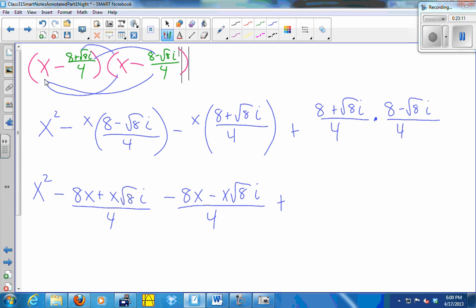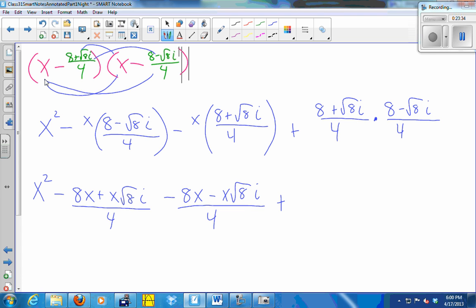Plus, now I have to multiply these two things together and I get 64. 8 times 8 is 64. My outer and my inners cancel. They're both 8 root 8i, but one of them is positive and one of them is negative. And then for the last part, I get root 8 times root 8, which is 8 times i squared.